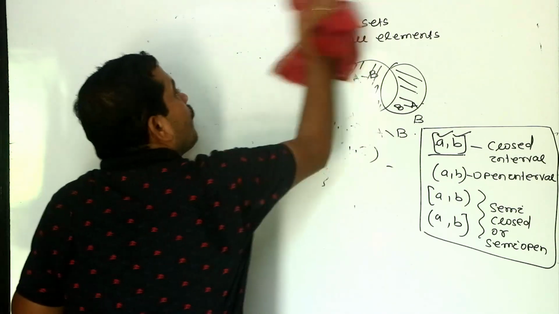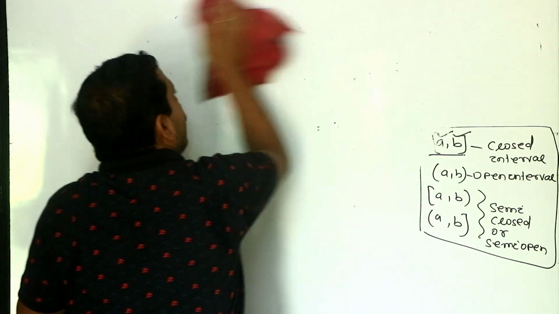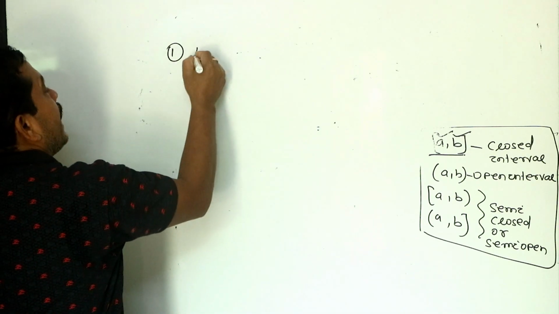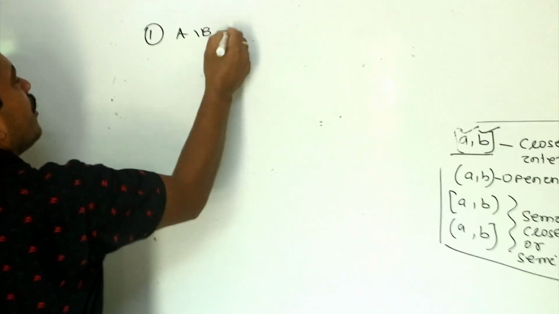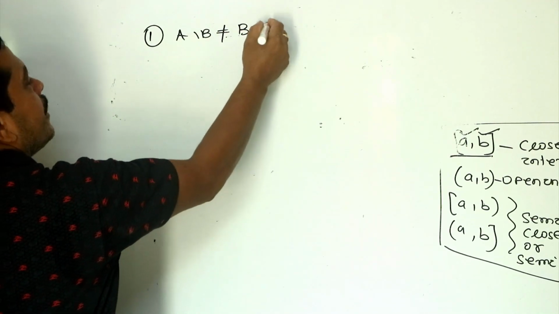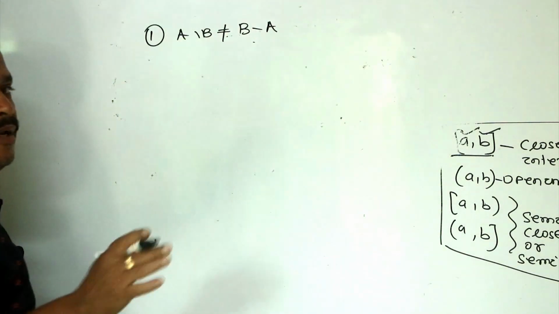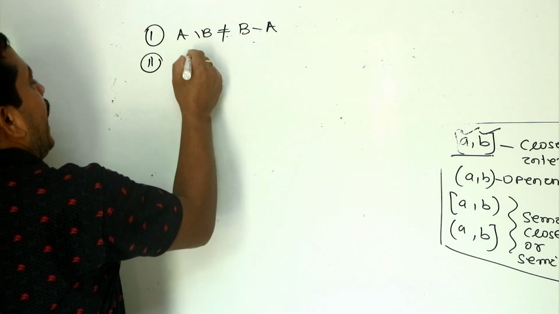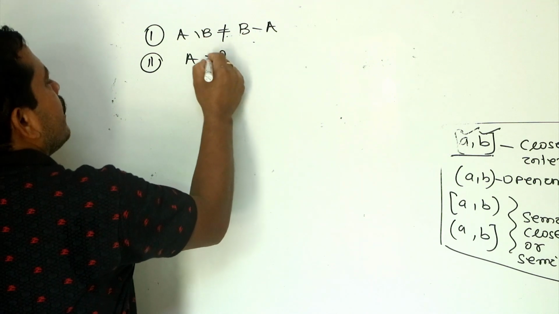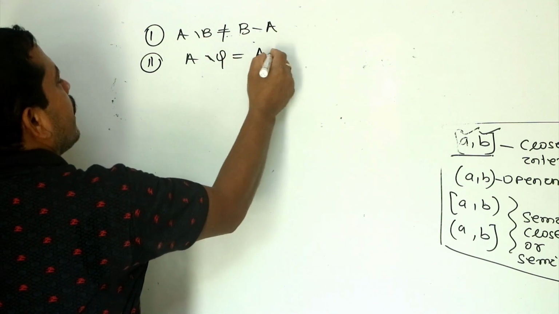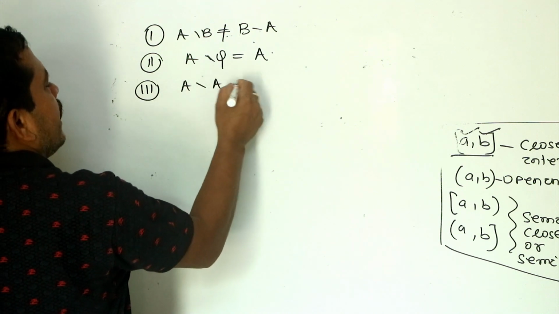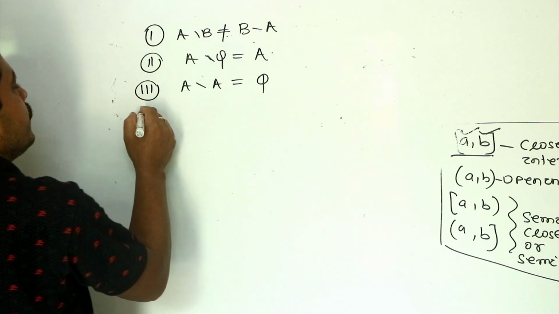Next, fundamental properties. One is A difference B not equal to B difference A. Generally, set difference is not commutative. Number two, A difference phi equals A. Number three, A difference A equals phi.